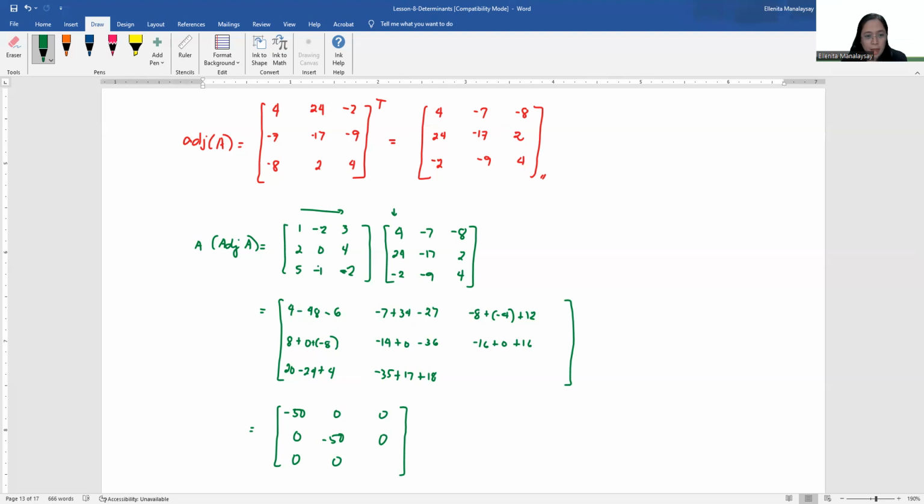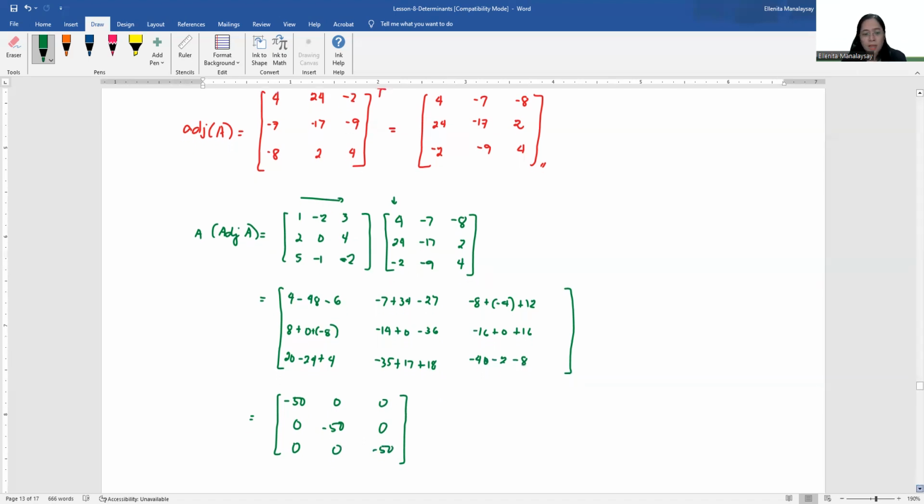Okay, for the last one, third row, third column, 5 times negative 8 is negative 40. Negative 1 times 2, that's negative 2. Negative 2 and 4, that's negative 8. Negative 40 plus negative 2 is negative 42 plus negative 8, that's negative 50.